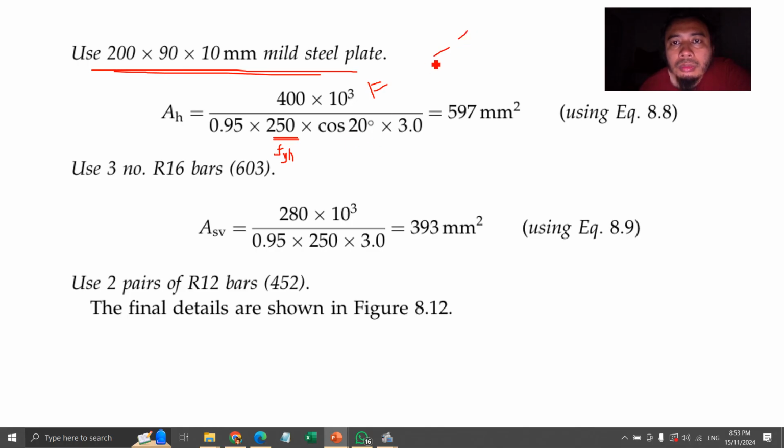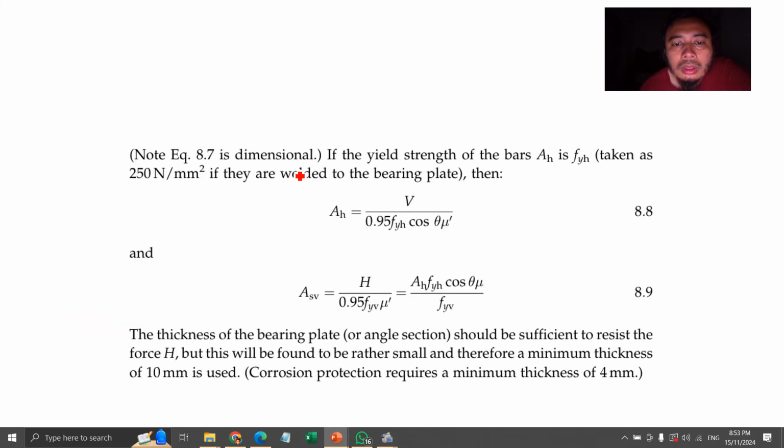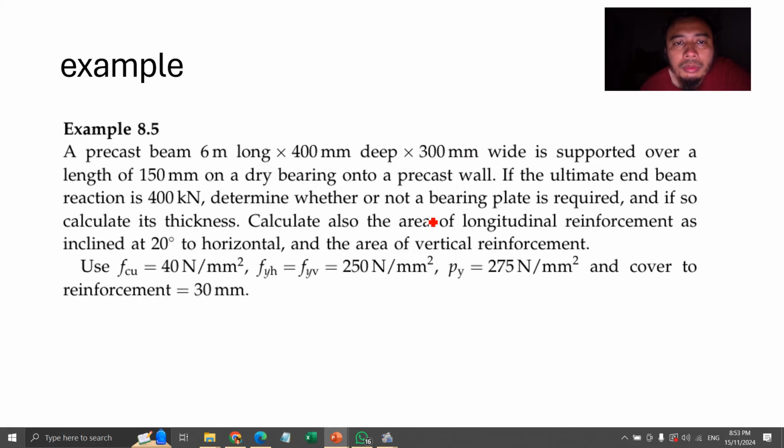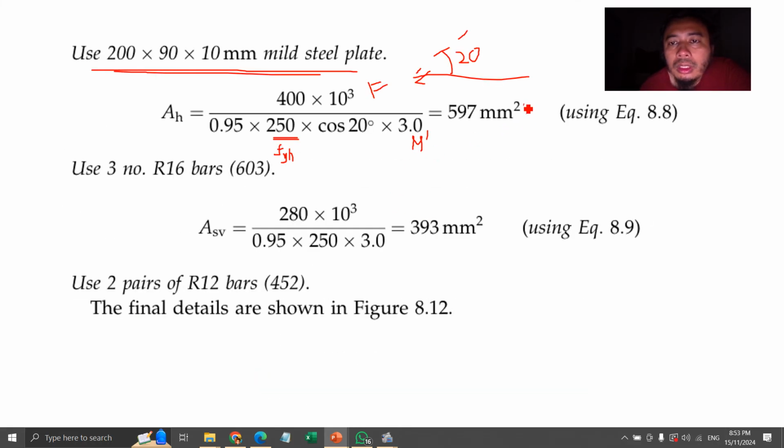At an angle of 20 degrees, we want to resist the horizontal force. And then times this is your mu prime. That's the equation, you can take a look. This is your mu prime, theta, then FYH, and then divided by V. Very simple. And then you get your area, so you can specify based on this area. You provide three numbers of R16 bars. So you get your steel area of 603 mm squared.